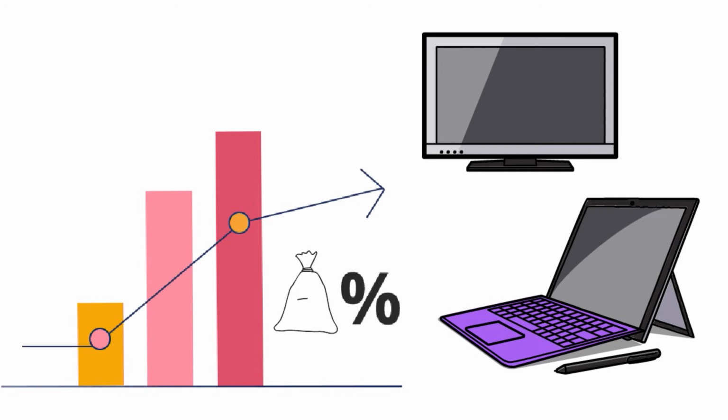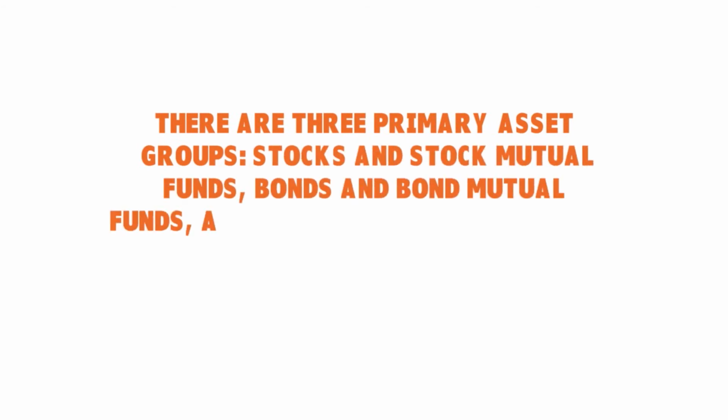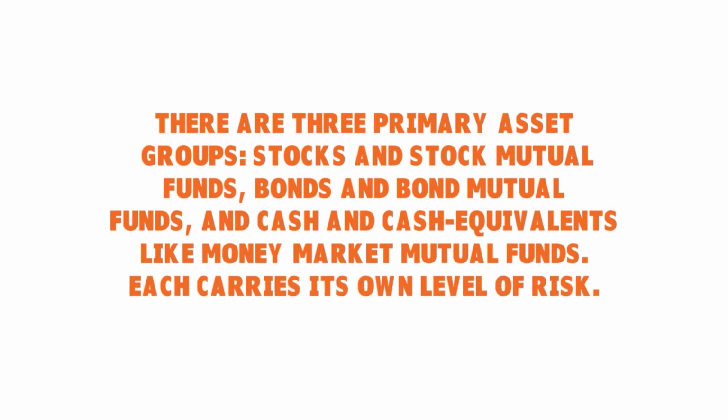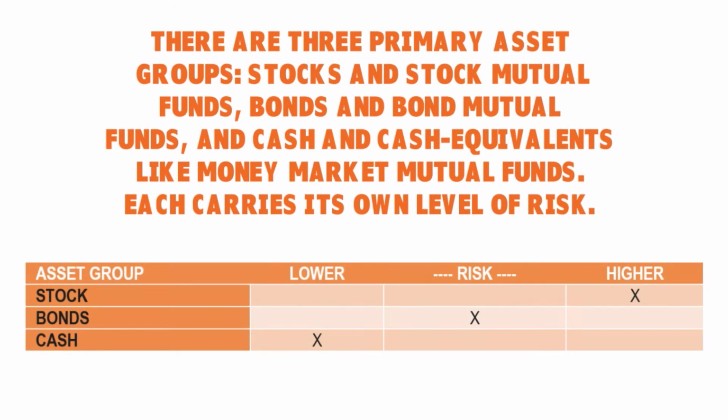There are three primary asset classes. We have stocks and stock mutual funds, bonds and bond mutual funds, and cash equivalents like money market mutual funds. Each carries its own level of risk. We're showing you on the screen right now a little column that we just prepared for you.